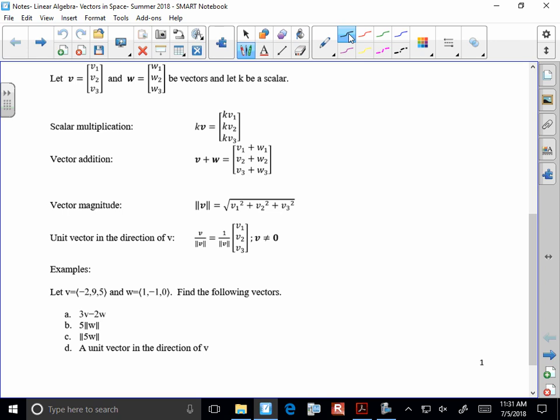So, vector addition, for example, let's say you had 1, 1, 1 plus, I want to keep it simple because I don't want to create anything too crazy, 1, 0, 1.